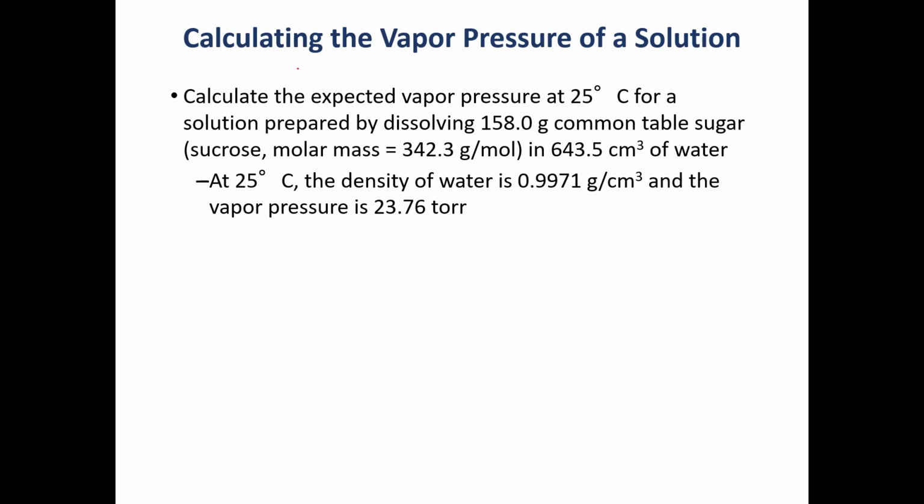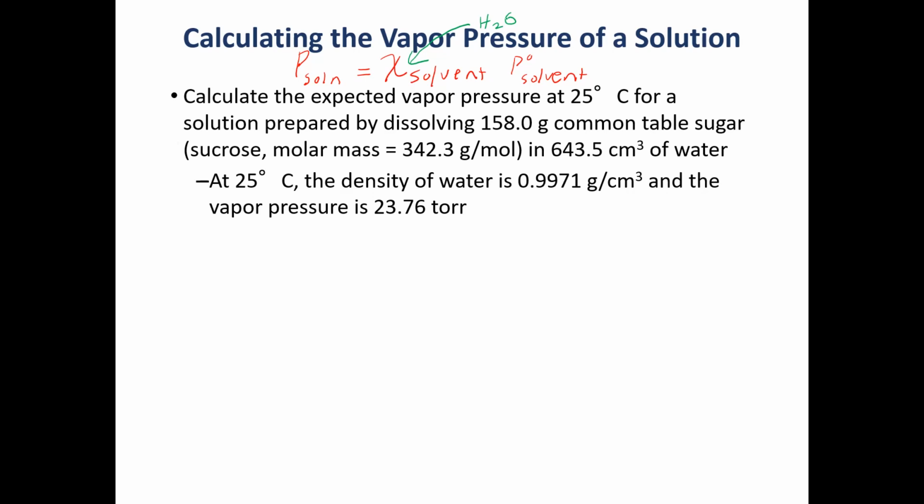For Raoult's law, we need the mole fraction of the solvent, and the solvent is water. So we need to know the mole fraction of water, not the mole fraction of sugar. Okay, so don't confuse those.